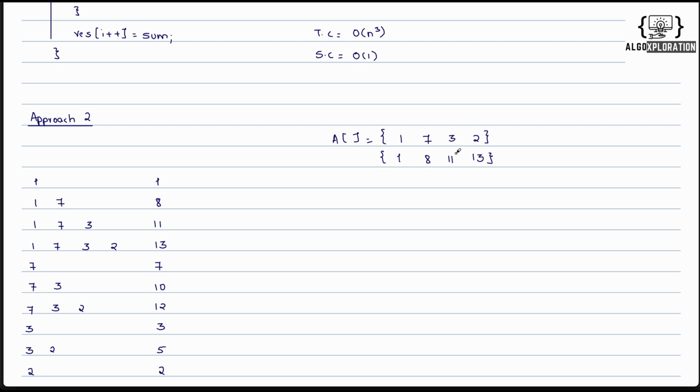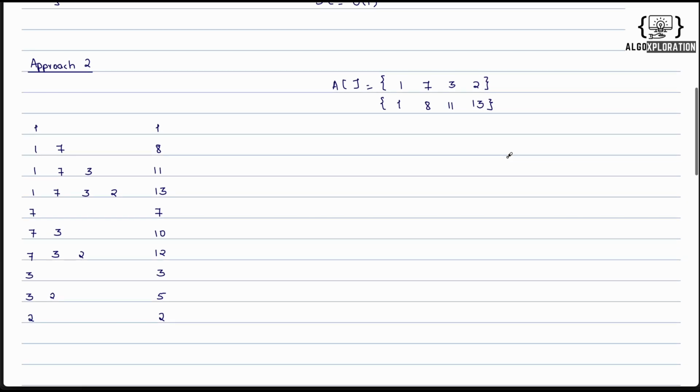Now what you can do, till this point you have the sum which is 8, right? And if you want to find the sum that is 11, you can simply do 8 plus 3, that will give us 11. Similarly, if you do 11 plus 2 it will give us 13. So this is nothing but a prefix sum approach.